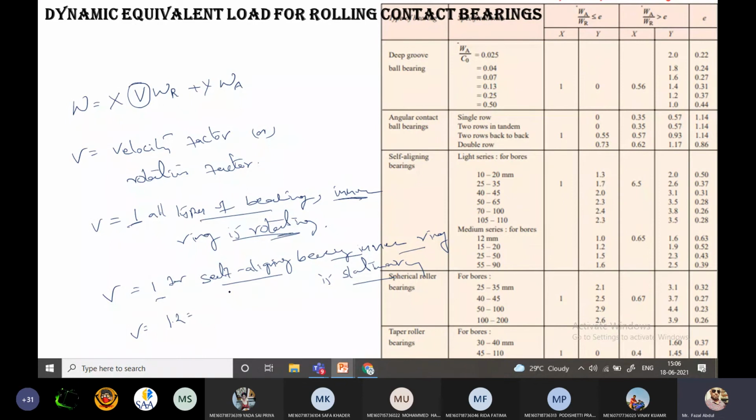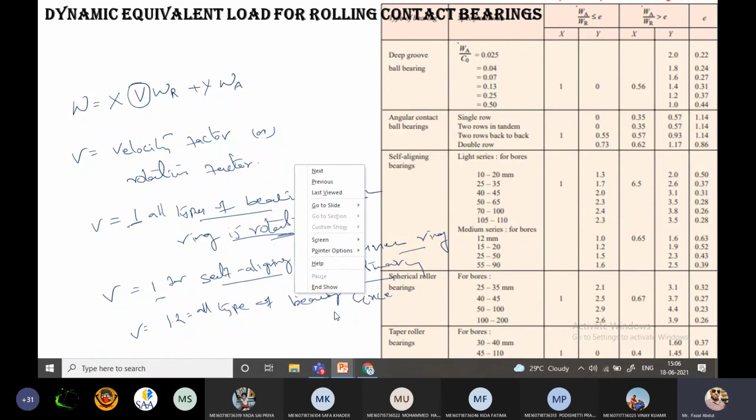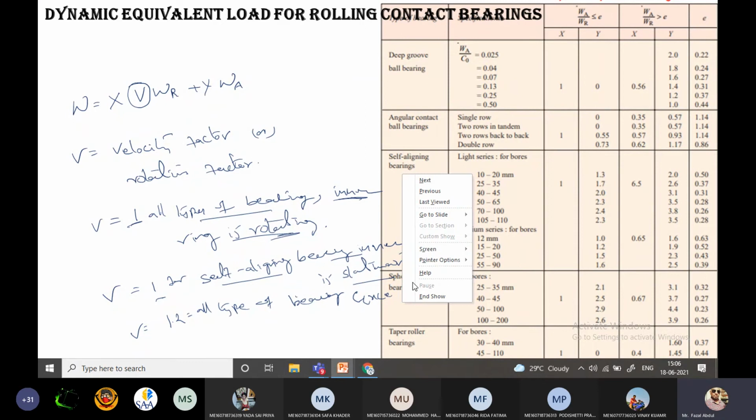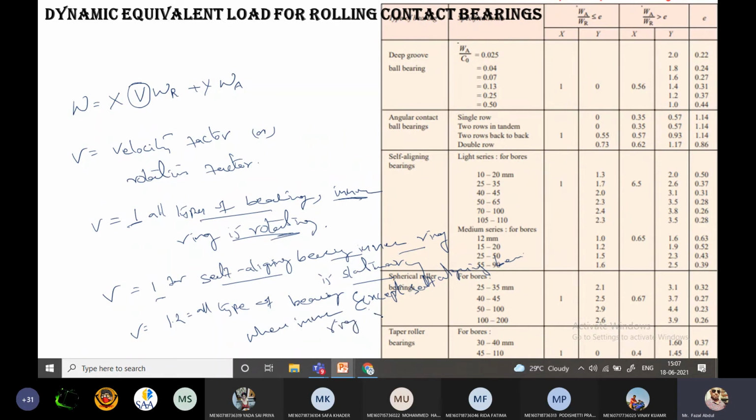V is equal to 1.2 for all types of bearing except self-aligning bearing when the inner race, or inner ring, is stationary.